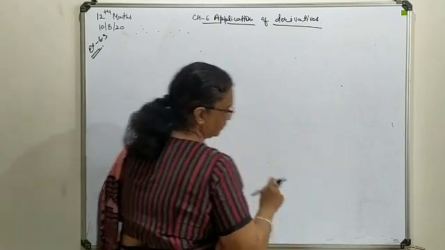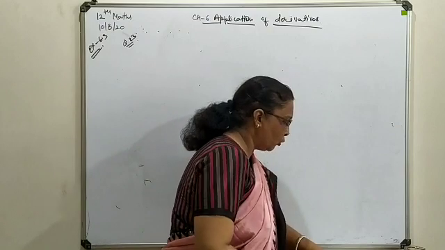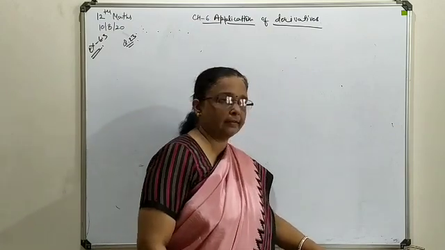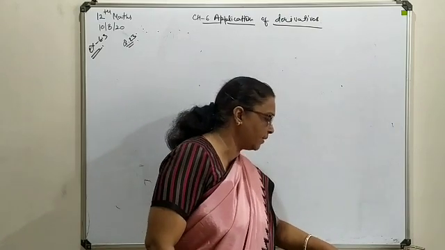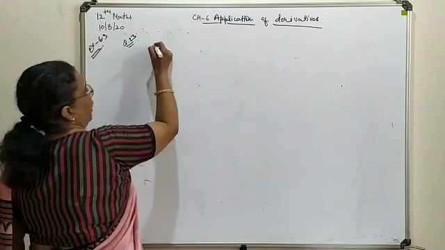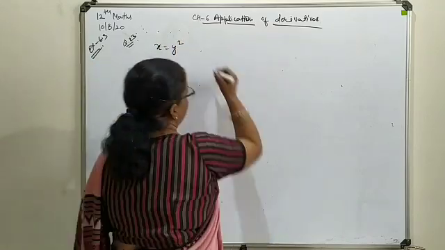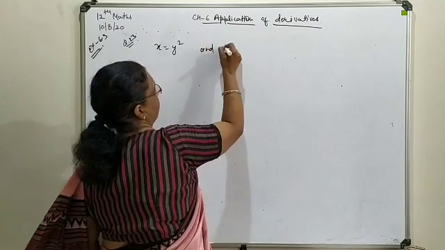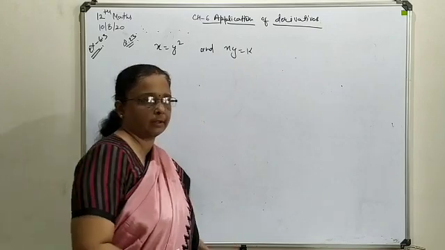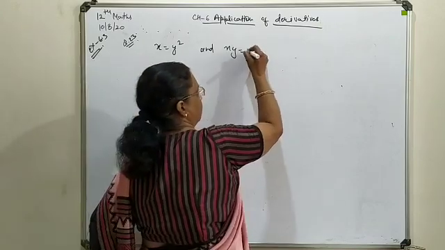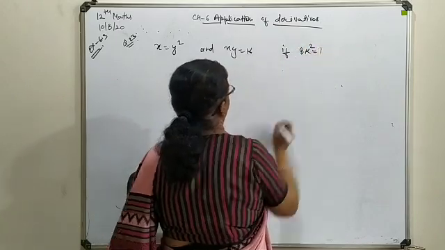In 23, two curves are given and it is given to prove that the curves cut at right angle if 8k square is equal to 1. Your curves are x is equal to y square and another xy is equal to k. If they cut at right angle, then 8k square is equal to 1.